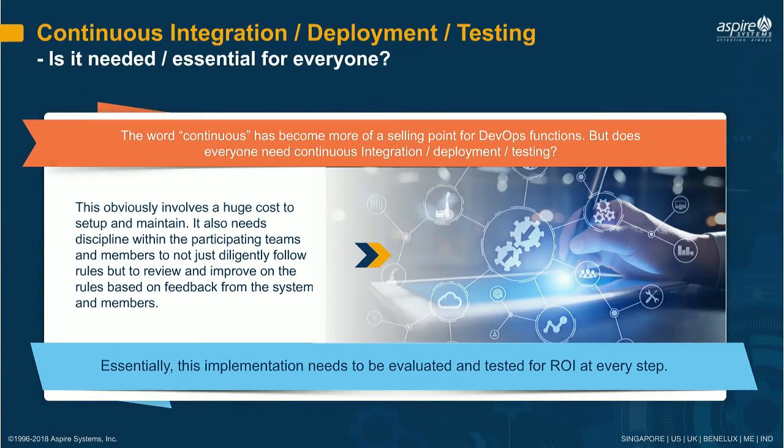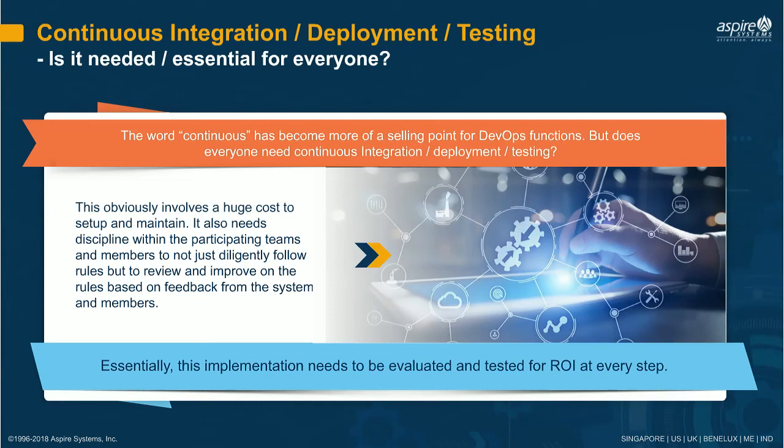Continuous integration involves a lot of cost, and it requires a kind of discipline from every participant, and it needs confidence in the setup, and it needs constant feedback from the system and members. It needs to be improved. Ultimately, all of these processes are supposed to help your team, not make it worse for them.